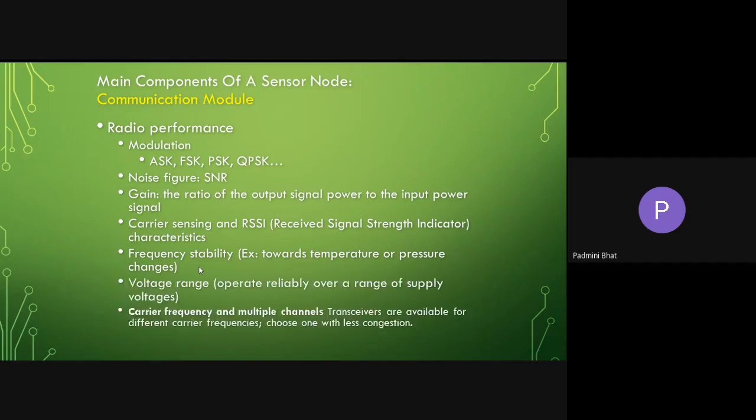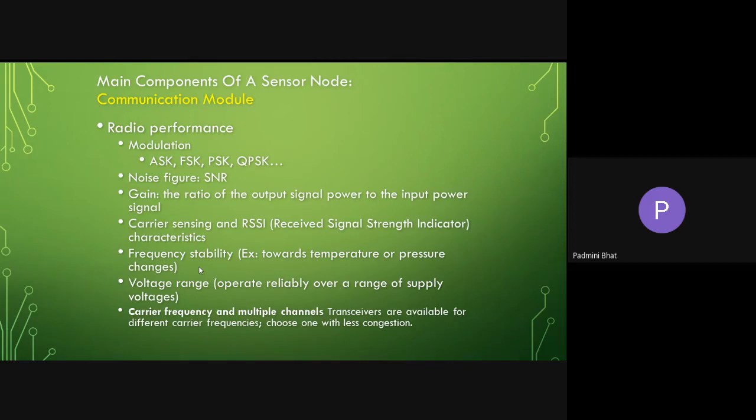Again, voltage range similarly. In case a supply voltage difference occurs, because we are working in a very limited voltage or power resource, if any fluctuation happens, we need to see whether the performance is going to change, and we want it to operate reliably for a wide range of changes.